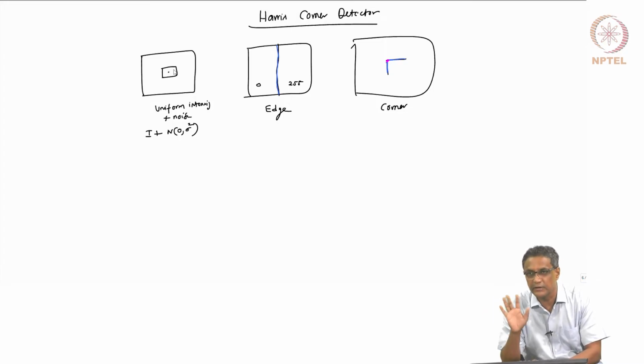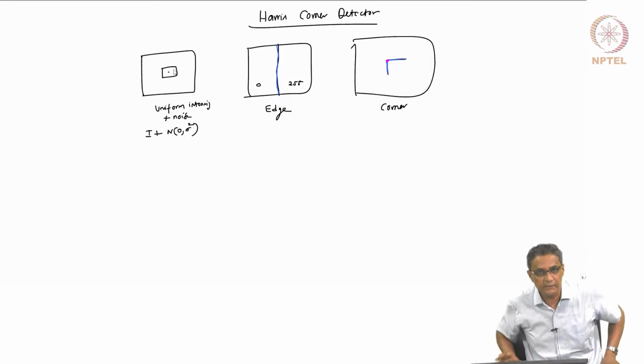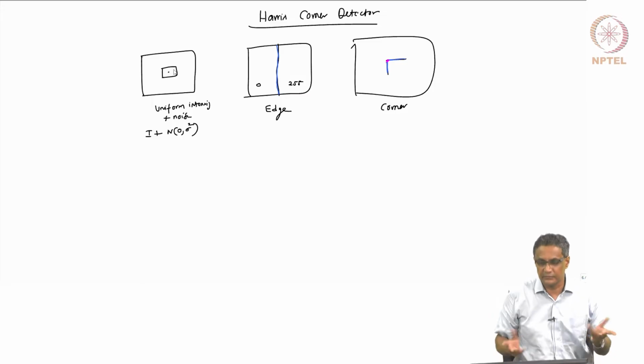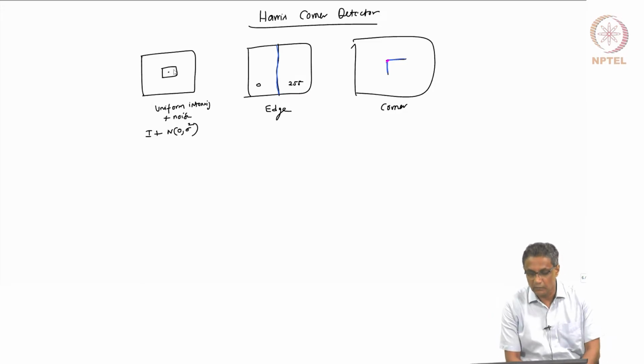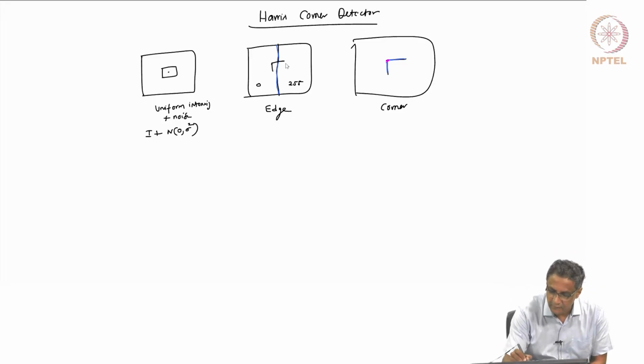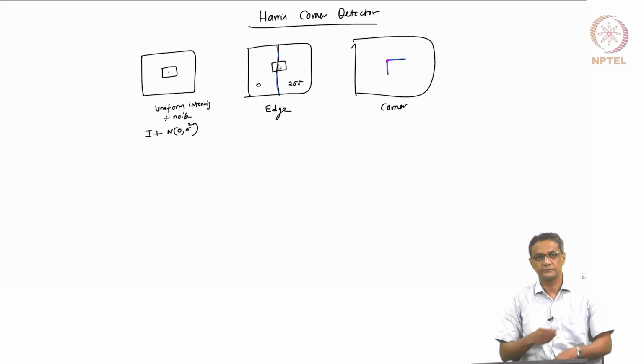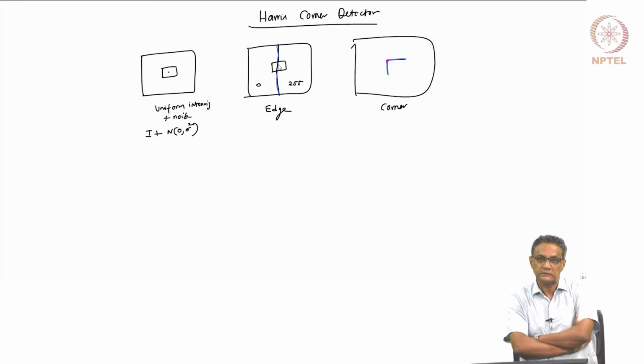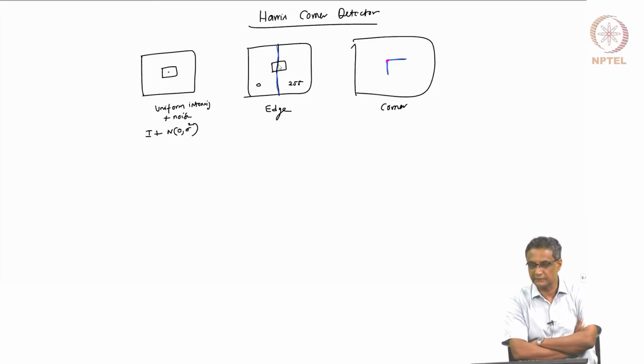Very little, right. So we all agree that the change in the appearance is going to be minimal, because most of it is uniform, except for some noise. What about the next case, edge? Let us say I take a patch and I move around.